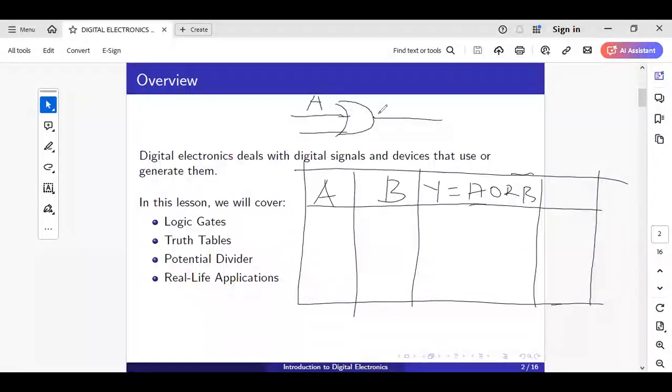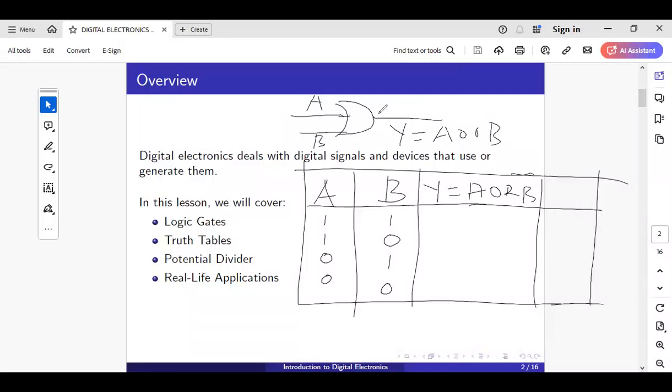If this is A, this is B, the result is A OR B. If A is on and B is on, or A is on, B is off, A is off and B is on, and both are off, what is going to be A OR B?